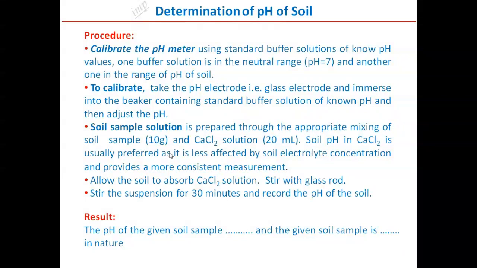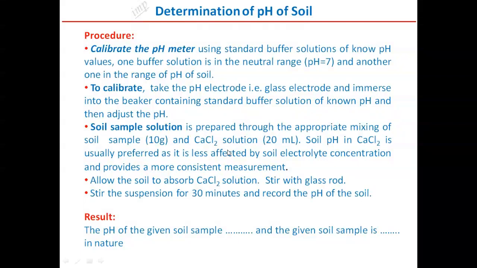The soil sample solution is prepared by mixing the soil sample, that is 10 gram, with calcium chloride solution, that is 20 ml. Soil pH in calcium chloride is usually measured as it is less affected by soil electrolyte concentration and provides more consistent measurement.